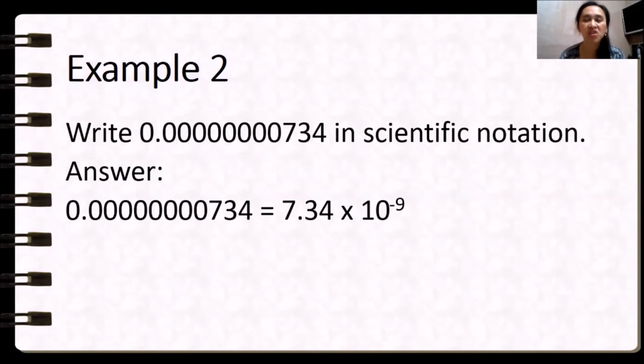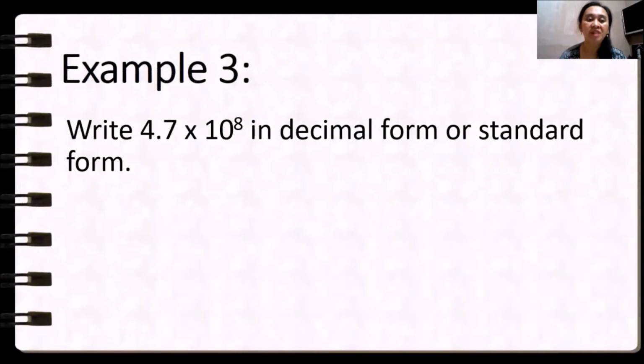Now, vice versa, the given is scientific notation to standard or decimal form. Example 3, write 4.7 times 10 to the positive 8, or to the exponent of 8, in decimal form or standard form. So, going to the right, 7, then yung natitira, kasi 8 yung decimal places na gagamitin natin para makomplete ang standard form ng 4.7 times 10 to the exponent of 8.